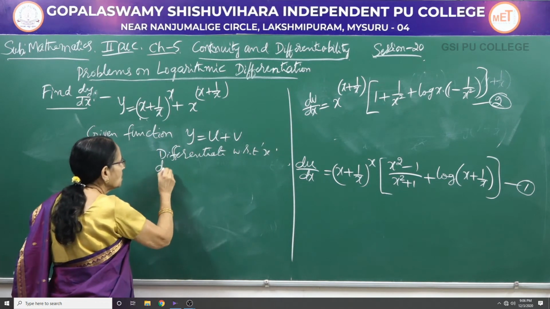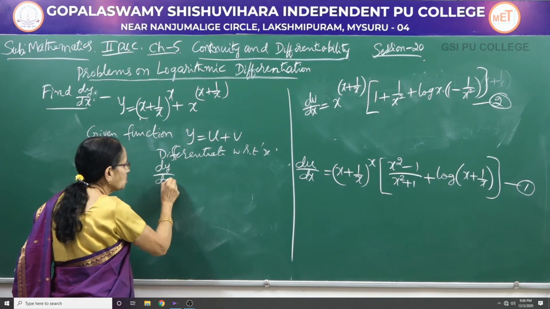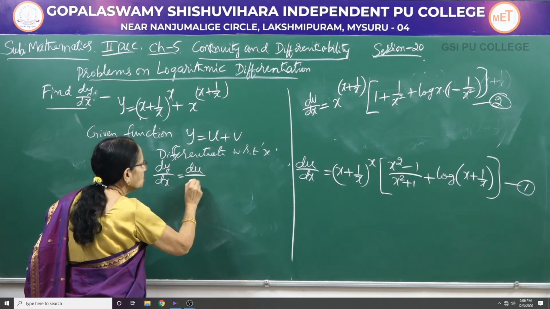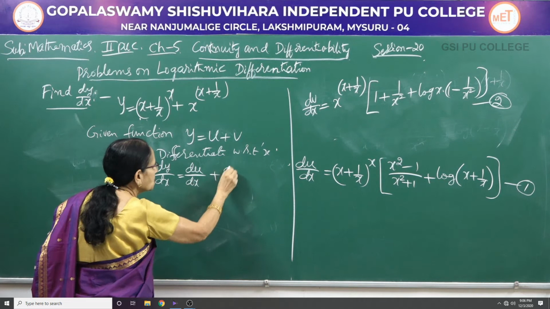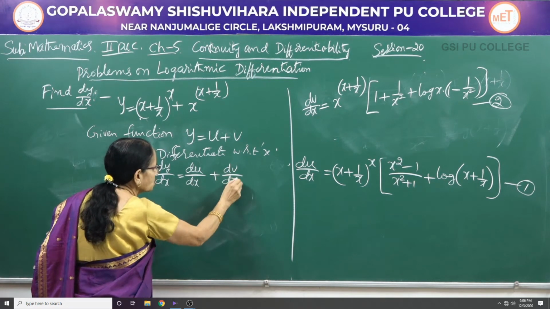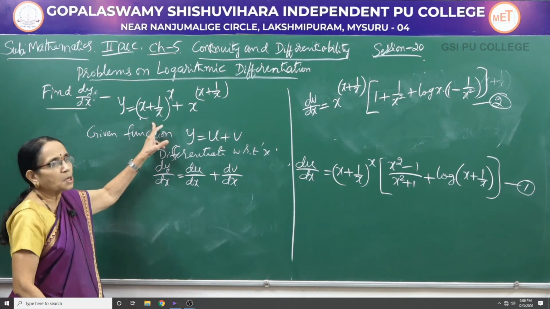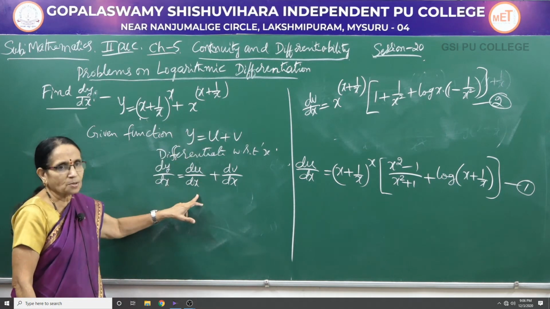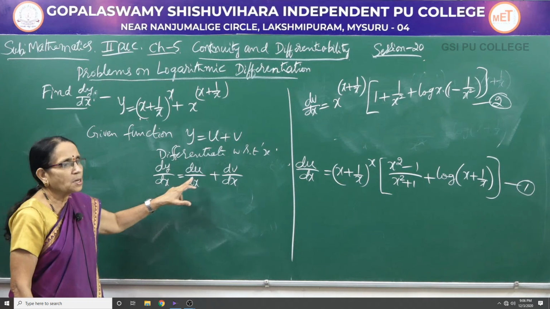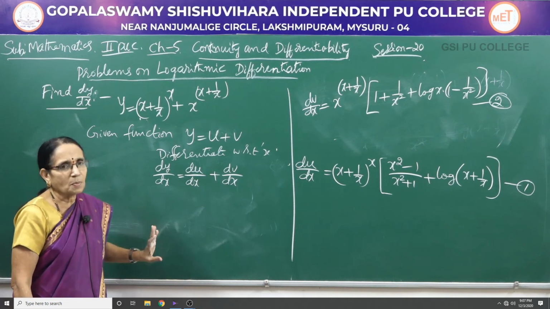Therefore, we have dy by dx would be equal to du by dx plus dv by dx. As soon as we make the substitution, this becomes u, this becomes v. On differentiation, dy by dx would be du by dx plus dv by dx.